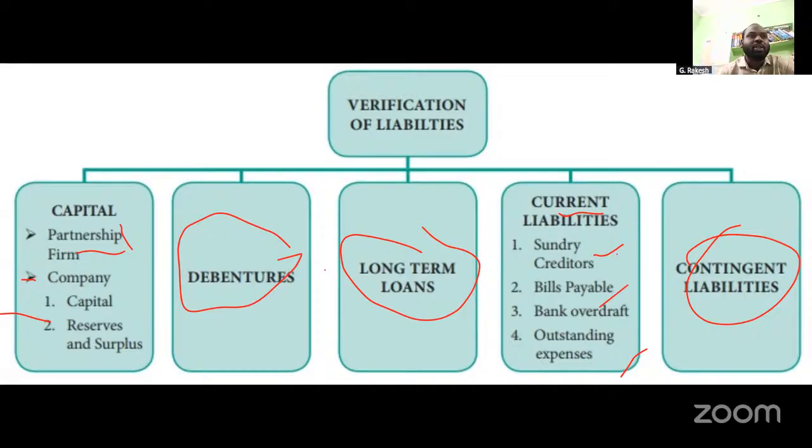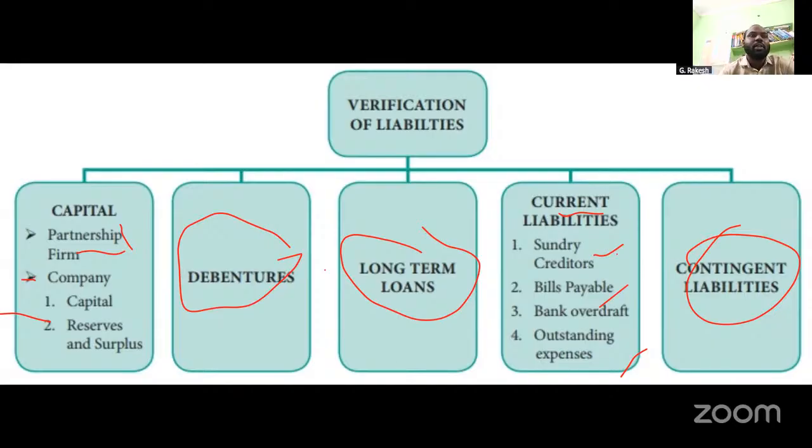In respect of certain liabilities for which no provision has been made in the books, for example, bills receivable which have been discounted and arrears of accumulated fixed dividends, the auditor should verify that such liabilities are disclosed as a footnote in the balance sheet.